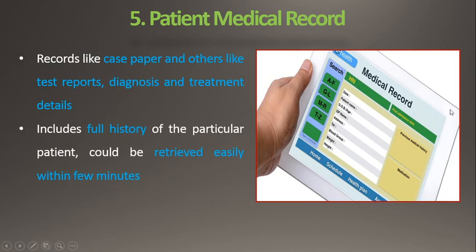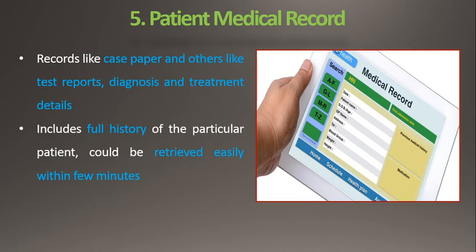This medical record includes the full history of the patient, and that history can be retrieved easily within a few minutes. If we want to know the previous history of that patient, we just find the name and view the previous medical history of the patient.